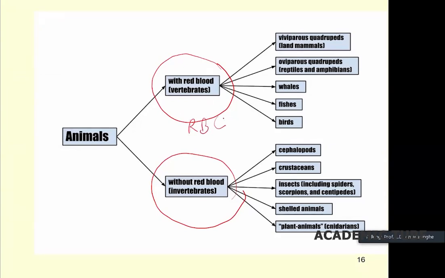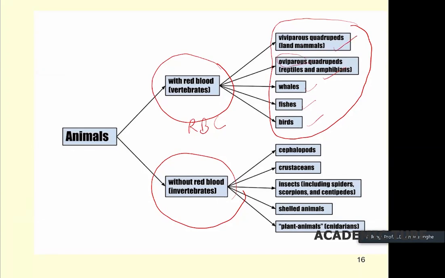If they have red blood cells, they were classified into this category: birds, fishes, whales, then oviparous quadrupeds and amphibians, then viviparous quadrupeds or mammals.